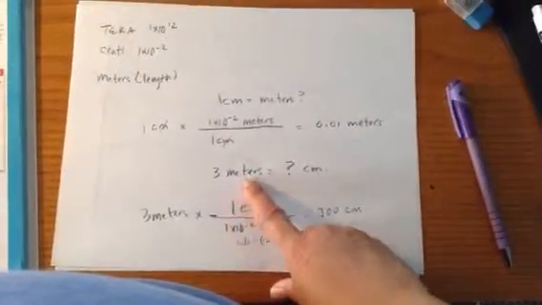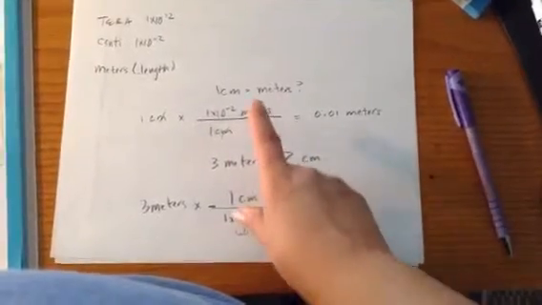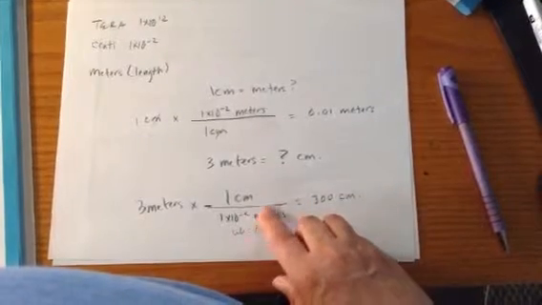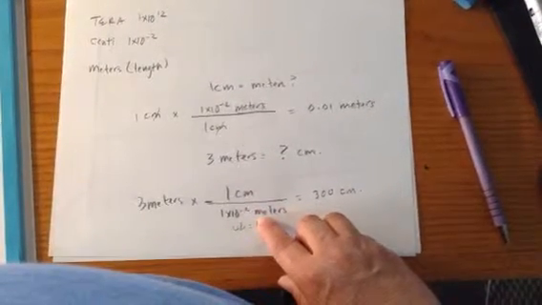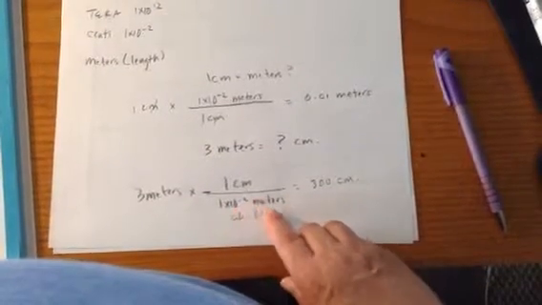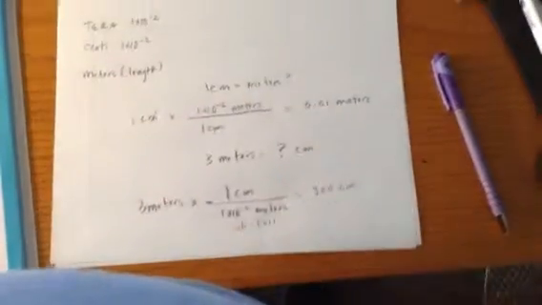If you want to know how many centimeters 3 meters equals, you flip this. See how I flipped it? You end up dividing by 1 times 10 to the minus 2, which is 0.01. So 300 centimeters.